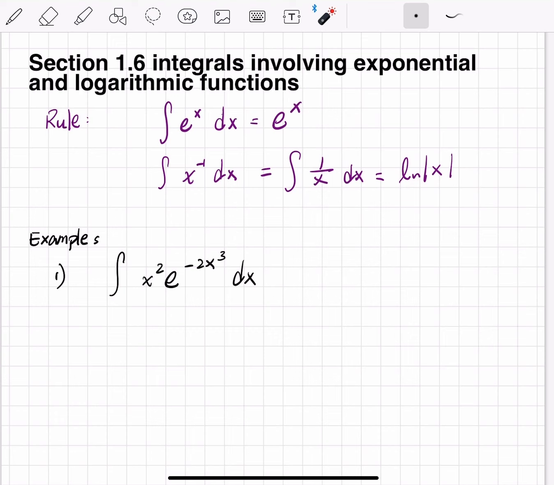So the integration of x to the negative 1 power, or 1 over x, is ln of x. One thing you do need to keep in mind, because of the domain issue, is that we need to have the absolute value attached to whatever we're taking the ln of.